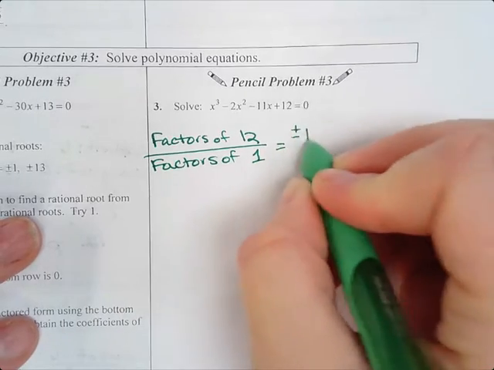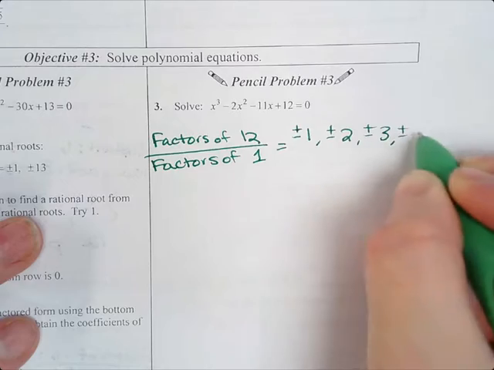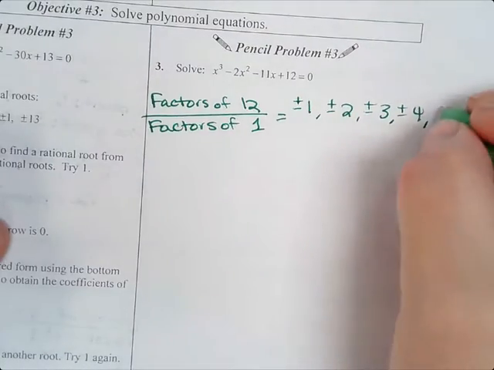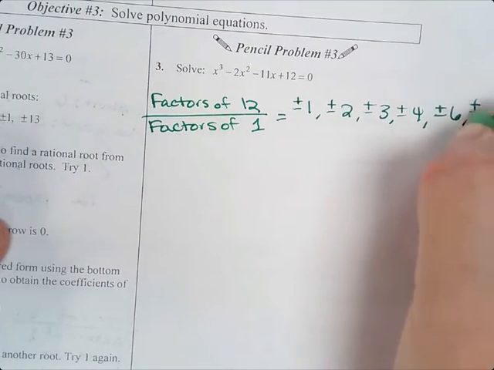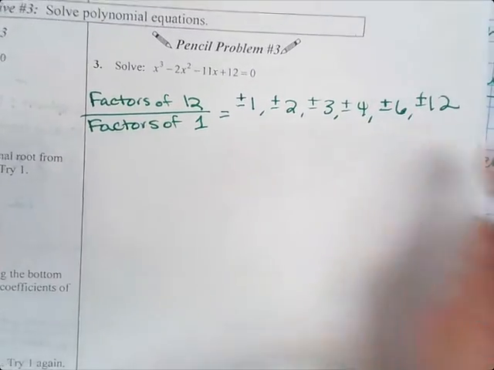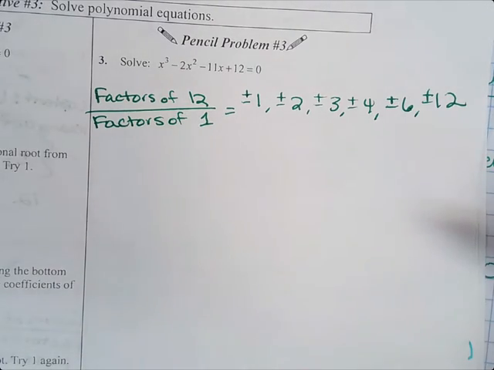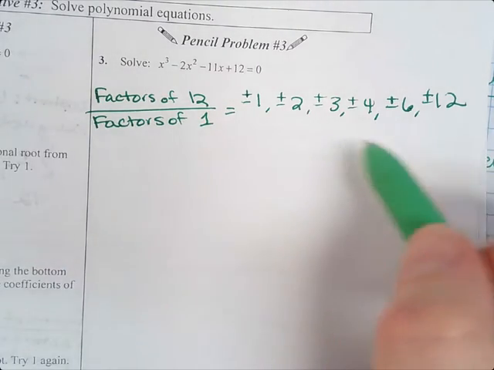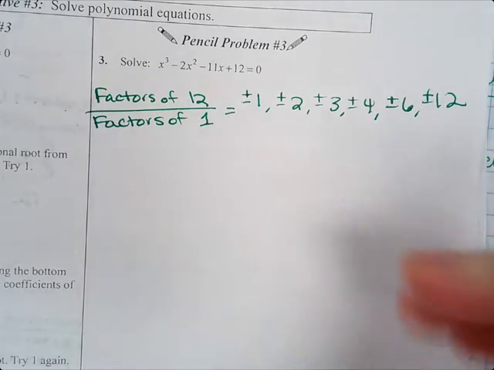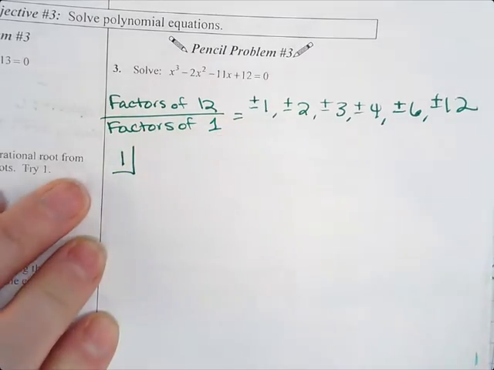So that'd be plus or minus 1, 2, 3, 4, 6, and 12, all over 1. So it's just those same numbers. So as long as they are real, we can find them on the calculator. But let's go ahead and just try with 1 and see where we get there.